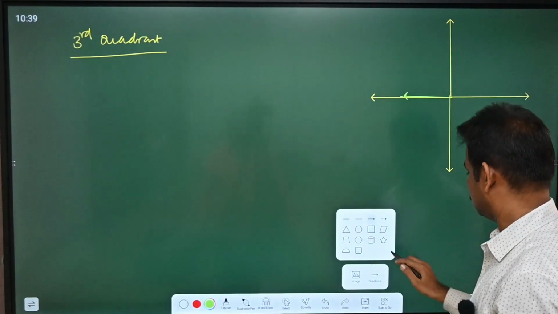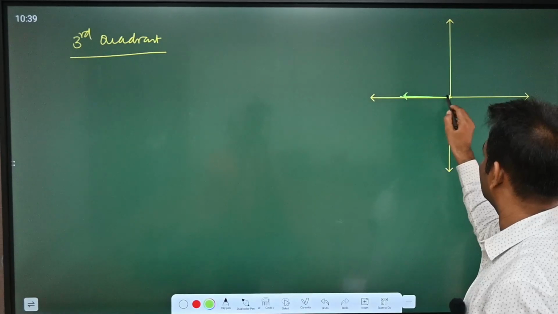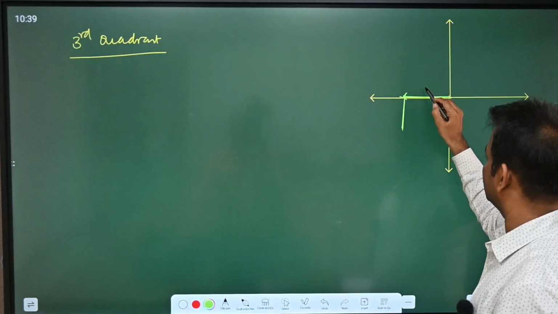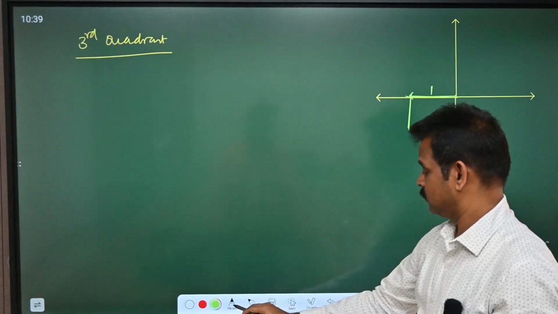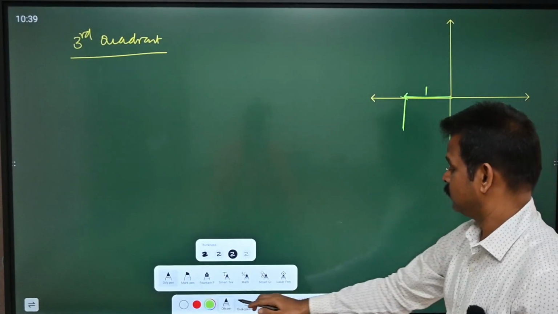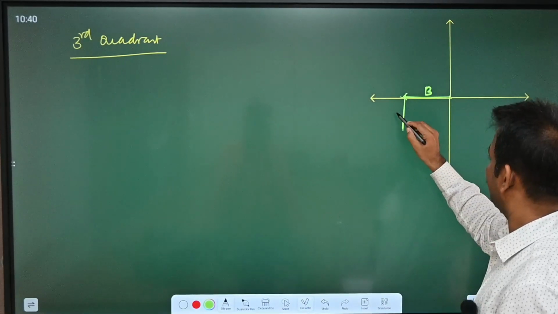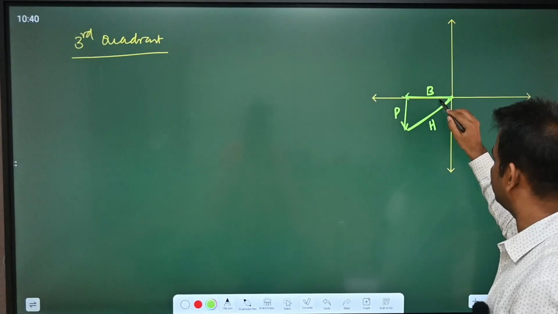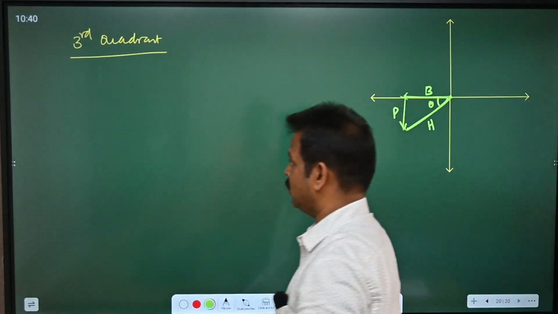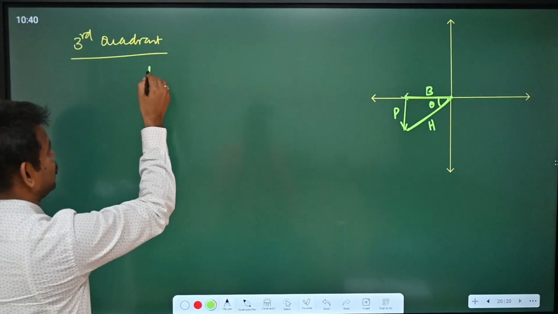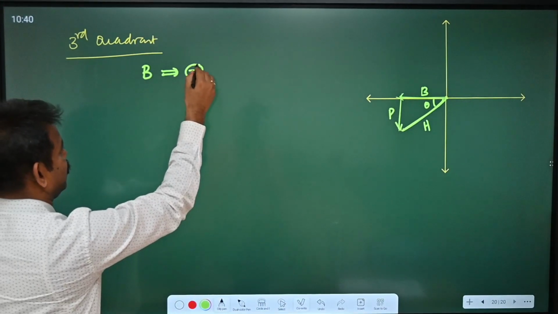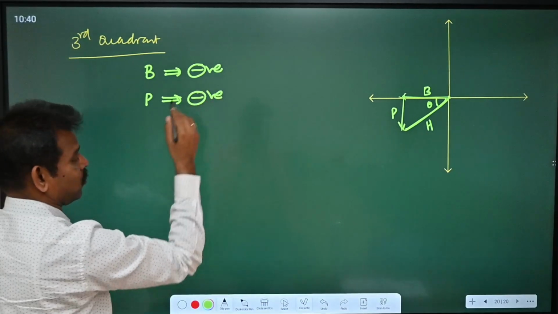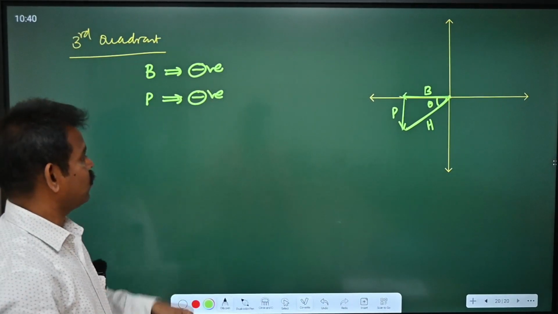This is the base. This is the perpendicular, and this is the hypotenuse. And if you take this theta in the third quadrant, first the base is negative. The perpendicular is also negative in the third quadrant, both negative in the third quadrant.